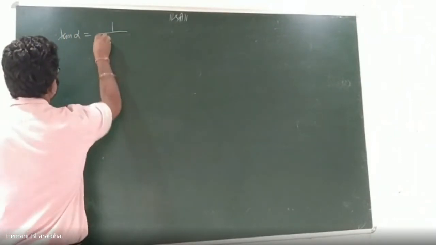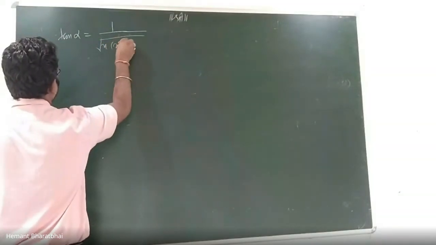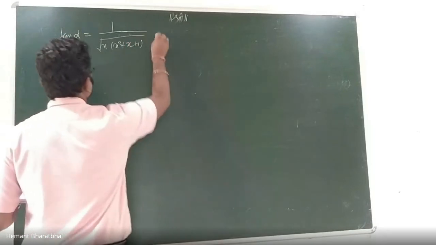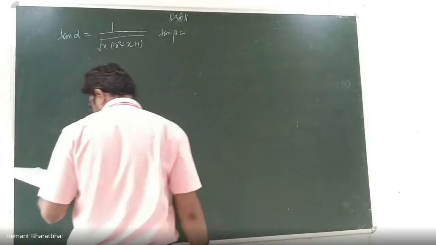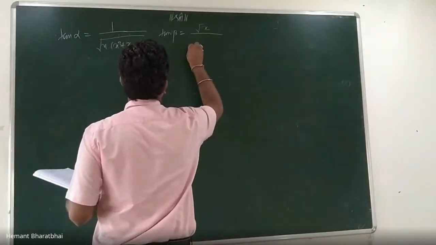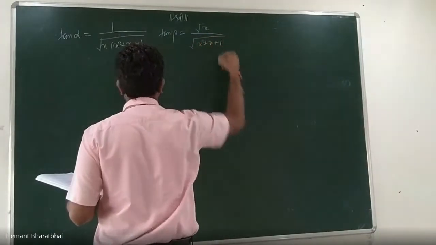Tan of alpha is equal to 1 upon root of x into x square plus x plus 1. Tan of beta is equal to root x upon under root of x square plus x plus 1.